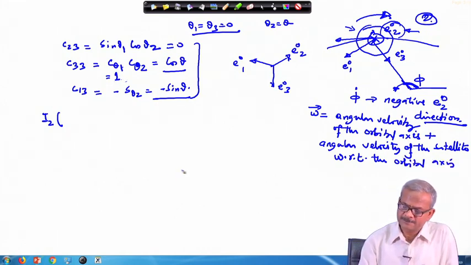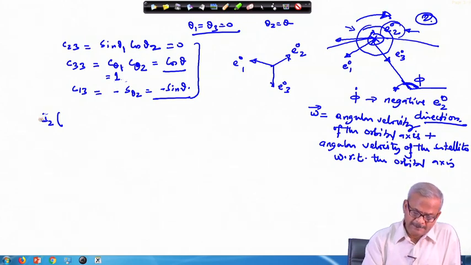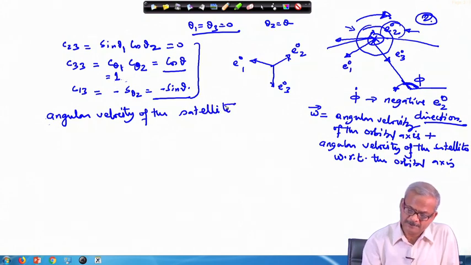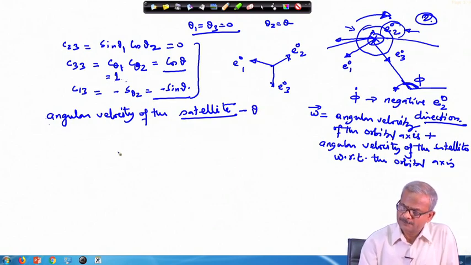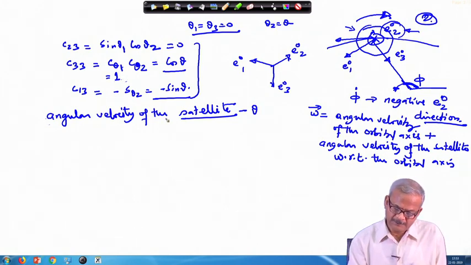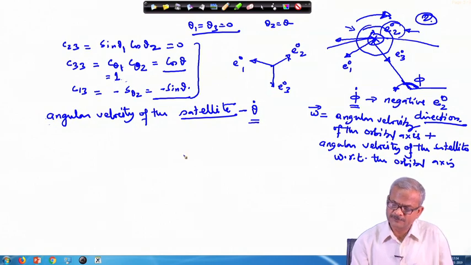The angular velocity of the satellite, this is pitching motion basically, is indicated by theta dot. So phi dot and theta dot are opposite to each other.